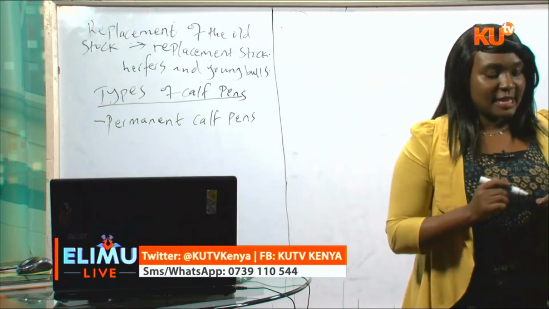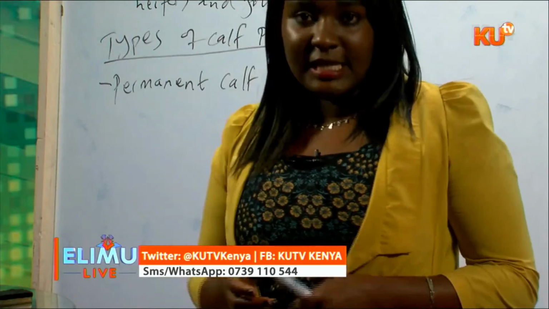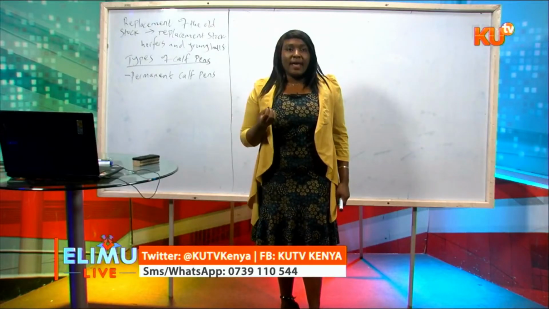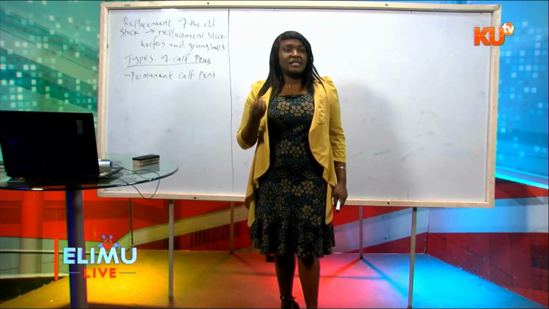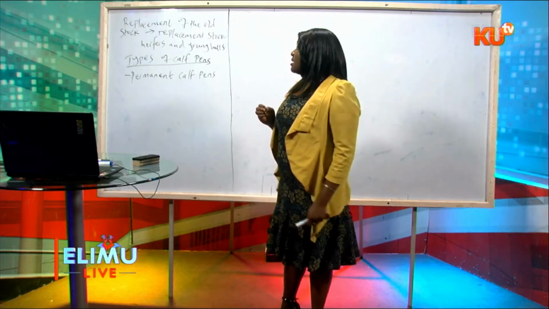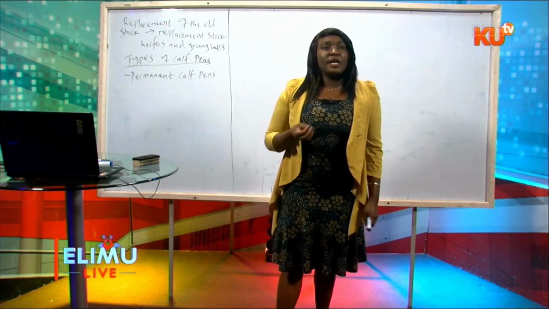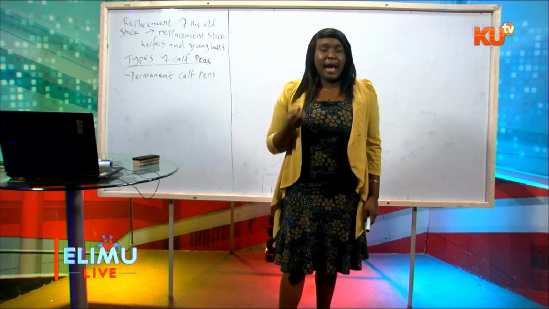Permanent calf pens are capital intensive, and therefore you require some heavy investment in terms of finances, because it means they are going to last in your farm for a long time.